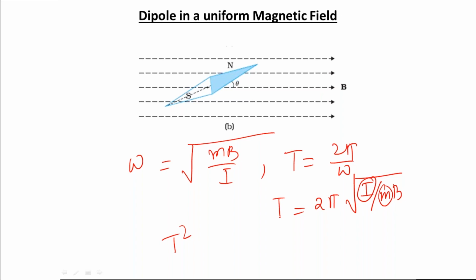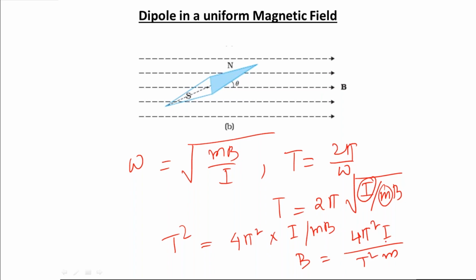This is equal to T. T square is equal to 4 pi square into square of this, which is I by mB. So B will be 4 pi square I divided by T square into m.